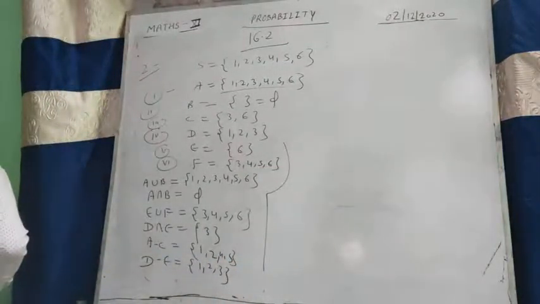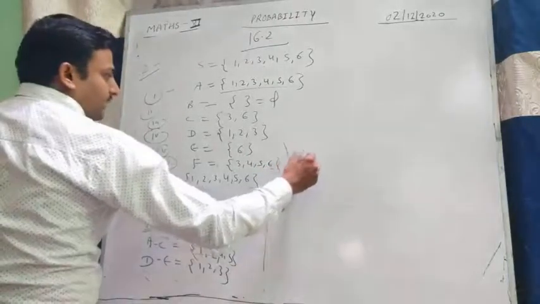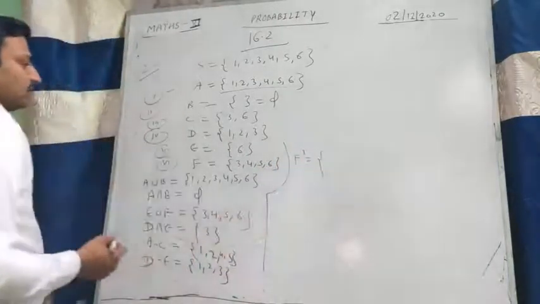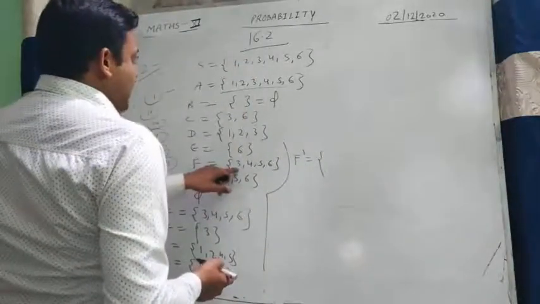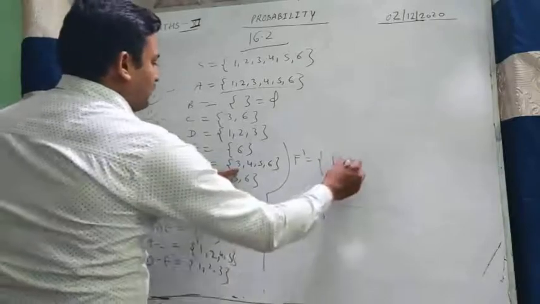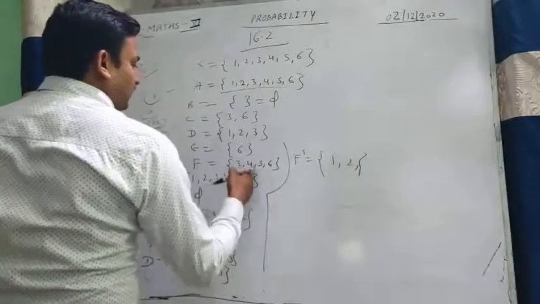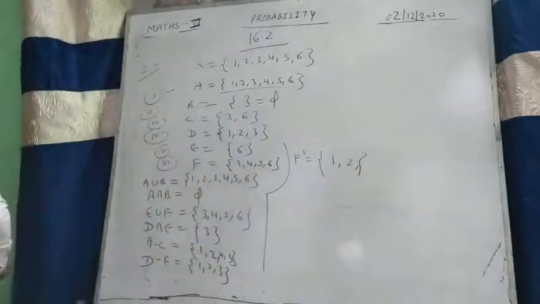And last we have to find F dash. F dash is subtracted from S. So 3, 4, 5, 6 are not included, so it will be 1, 2.